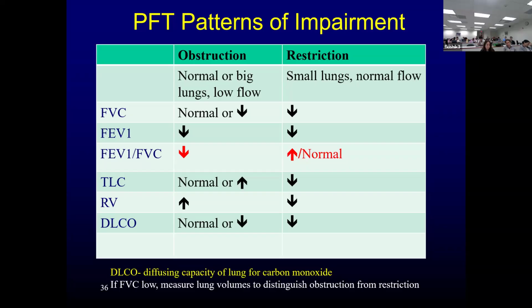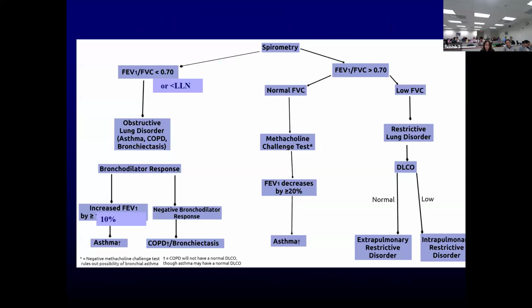Let's look at it in a more clear form. If I have shortness of breath and I have a clear chest X-ray, I'll come to you, you will do a spirometry. If the spirometry ratio is less than 0.70, or FEV1/FVC is less than the lower limit of normal, I have obstructive lung disease.